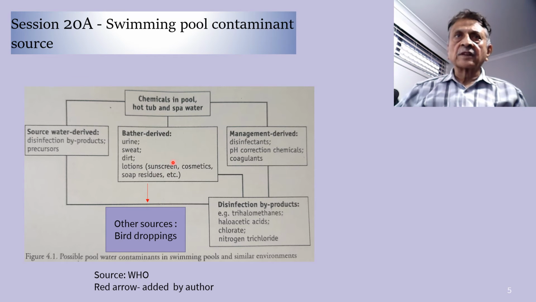Other contamination, particularly if it's not an indoor pool, will be bird droppings. They are a serious source of contamination, and they can be a source of very serious pathogens.